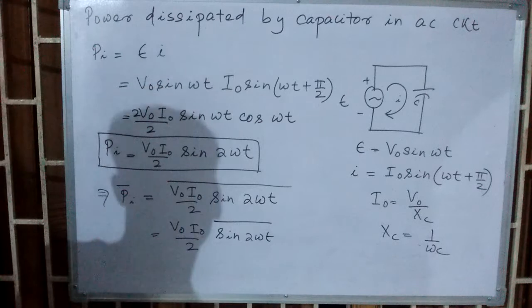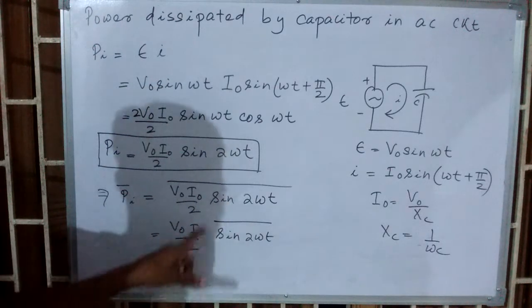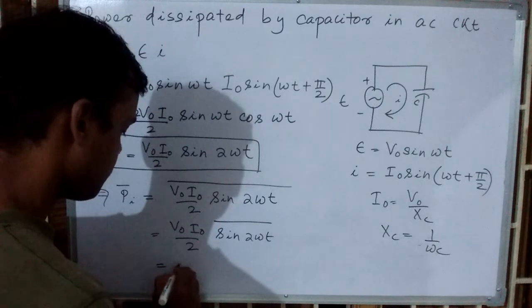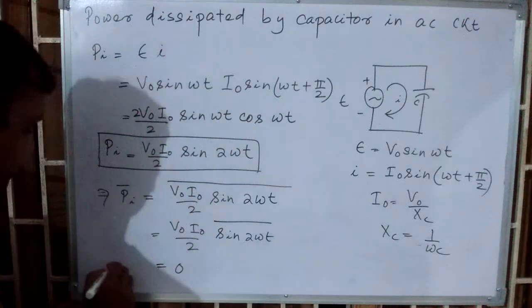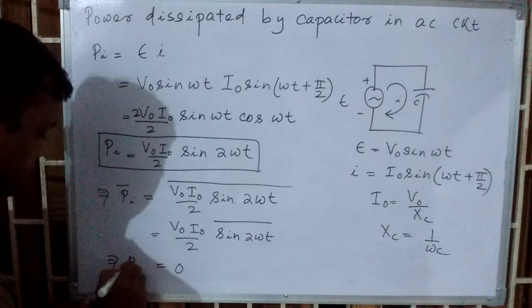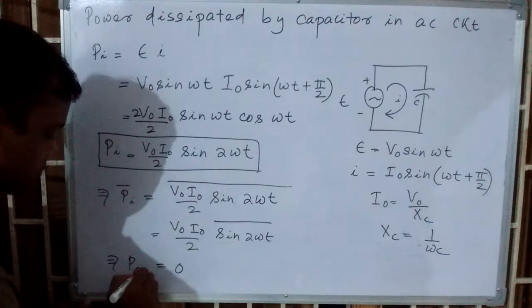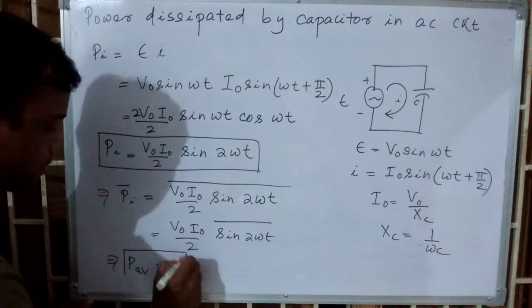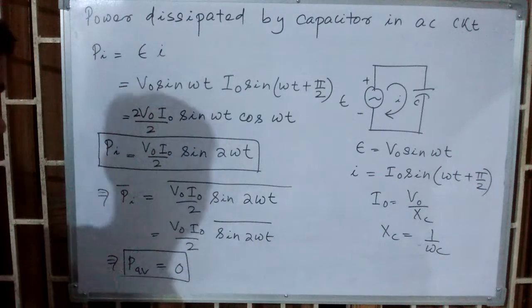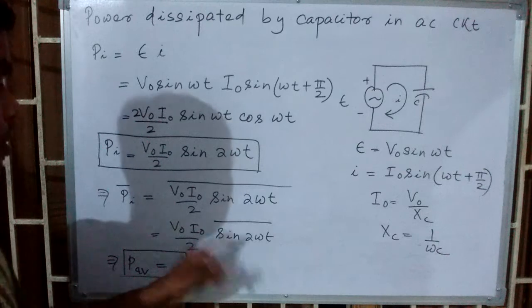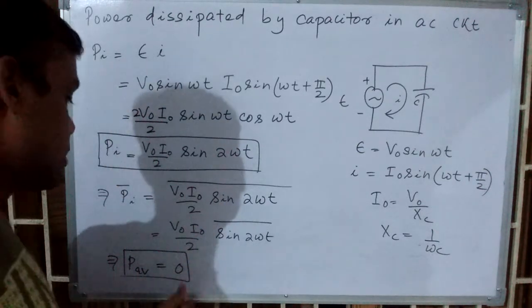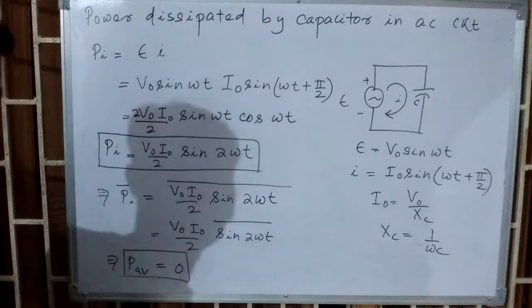As you know, the average value of a sinusoidal function is 0, so average power is equal to 0. The average power consumed by a capacitor over a complete cycle is 0. We have already done it in the case of the inductor, that's why I am not going into detail.